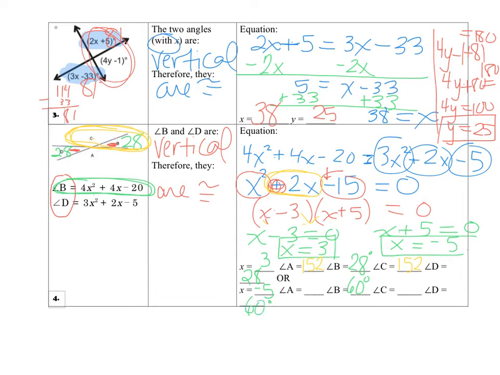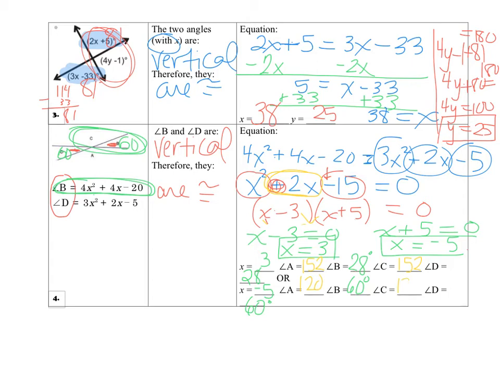And if we go back to our diagram, if we have a 60-degree angle for B and D, so if this was 60 and this was 60, that means angle C would be supplementary to that, which would make it 120.